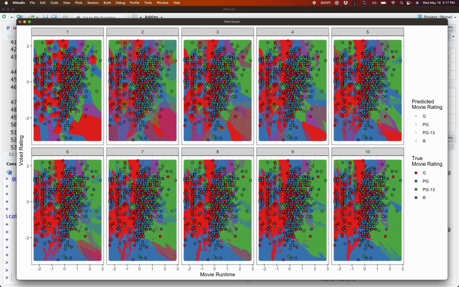So if blue happened to have the most points, then as k approaches the total number of points in your data set, this whole thing will become blue. Okay, this actually looks right.